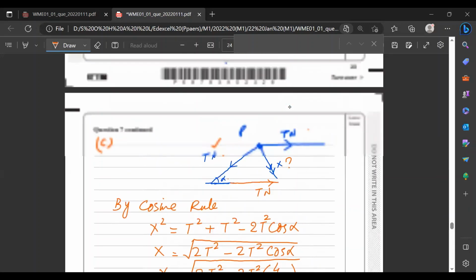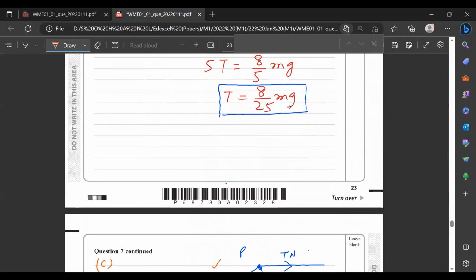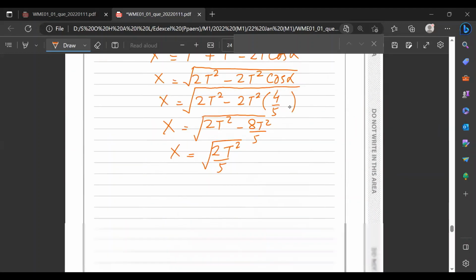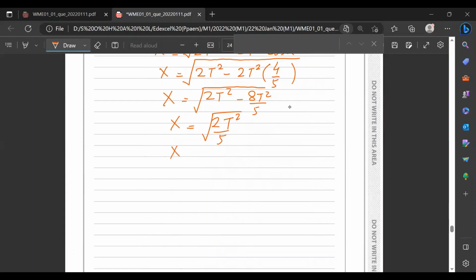And then using the value of t, which we have calculated, 8 over 25 mg. T is 8 over 25 mg, I can use it here. So 2 over 5 t squared, I can write 64 over 625 m squared g squared.